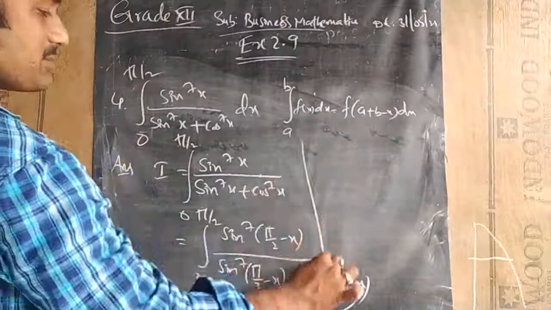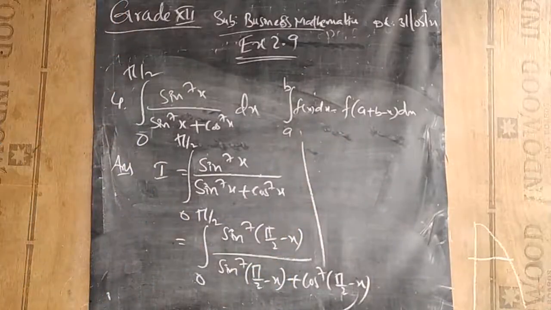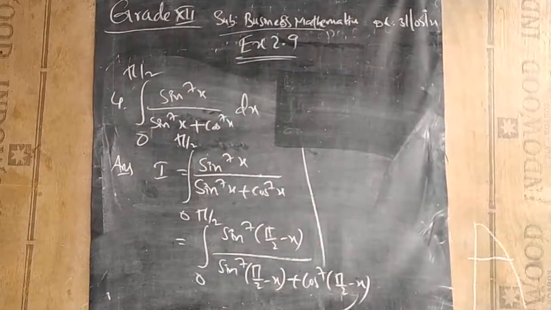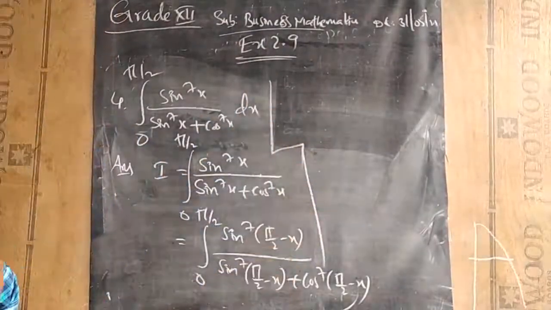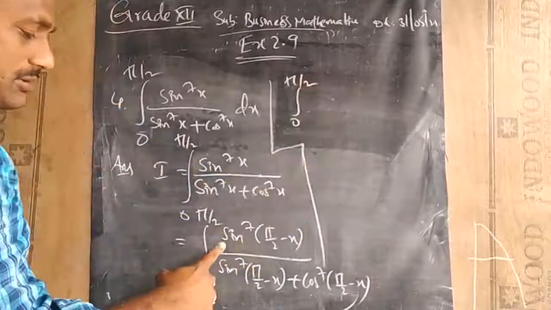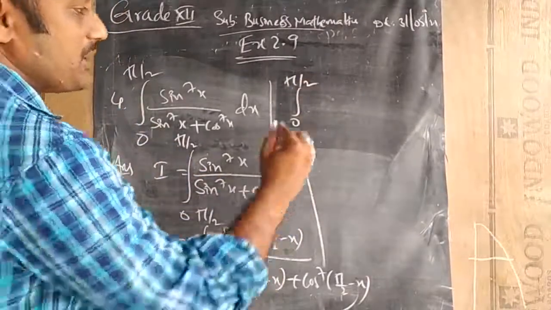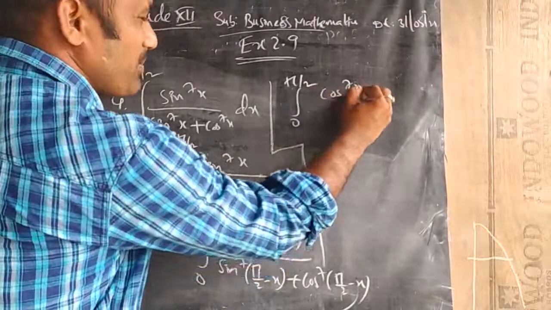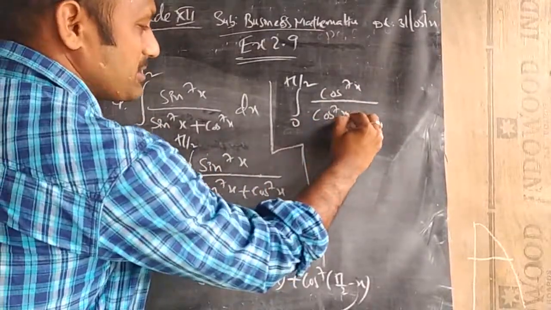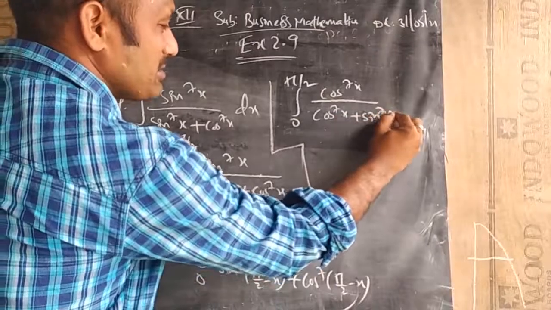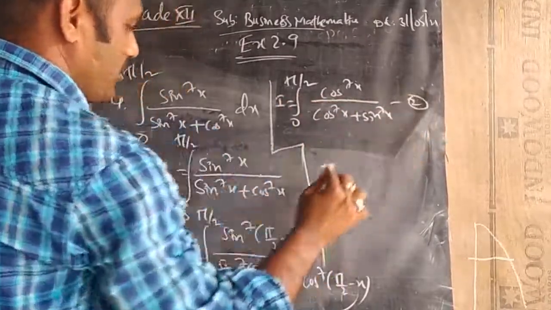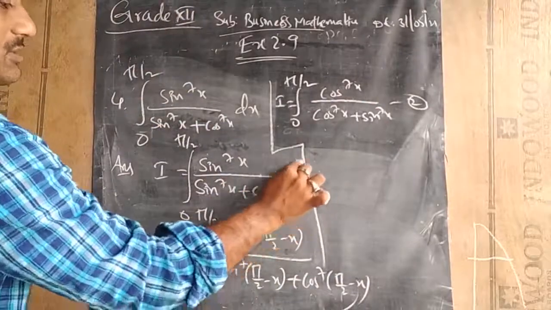If I replace it, sin of 90 minus theta becomes cos. So cos power 7x by (cos power 7x plus sin power 7x). I is equal to this; this is the second equation, and what we wrote earlier is the first equation.